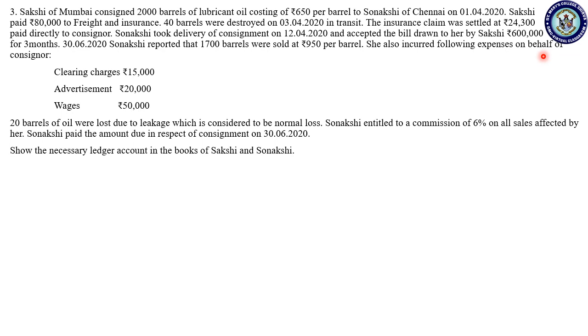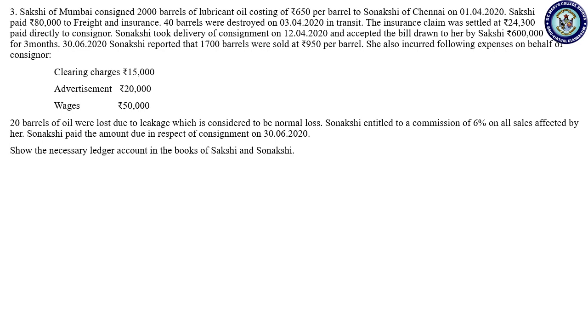Okay, so first we'll discuss the problem, then we'll solve it. You see there, Sakshi of Mumbai consigned 2000 barrels of lubricant oil costing rupees 650 per barrel to Sonakshi of Chennai on 1/4/2020. Now Sakshi is sending the goods to Sonakshi.